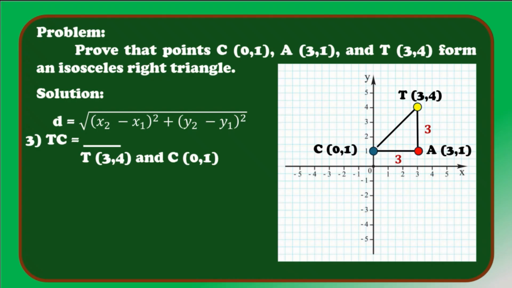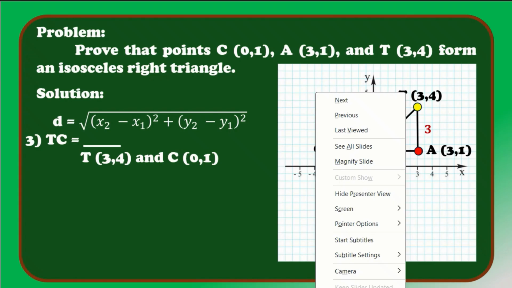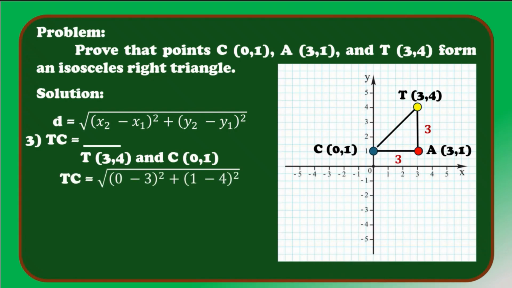Where your x sub 2 is 0, that comes from point C, and 3 is your x sub 1 that comes from point T. 1 is your y sub 2 that comes from point C, and 4 is your y sub 1 that comes from point T. Let's have the substitution, and it will go just like this.